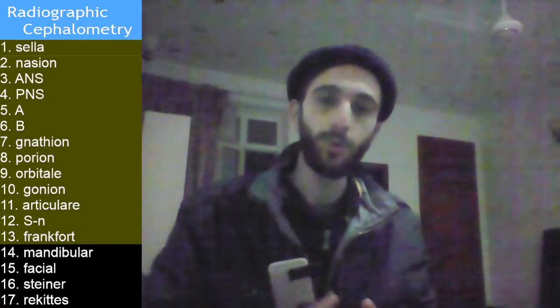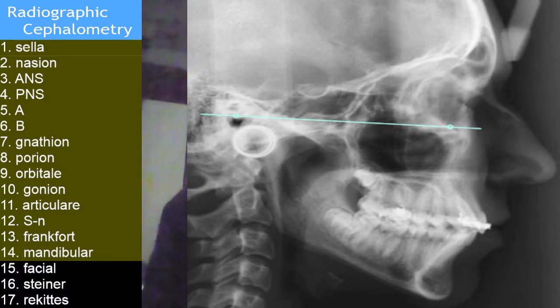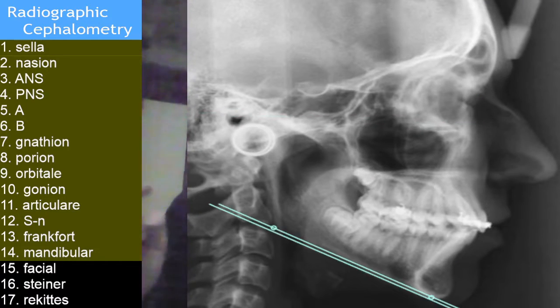Now let's move to the next line. It is called the mandibular line. The mandibular line is the line joining gonion and menton.